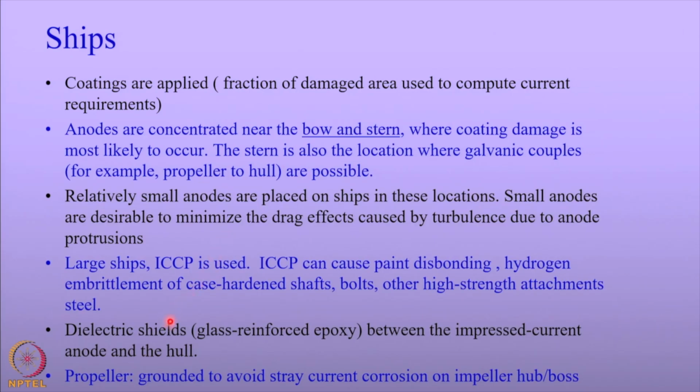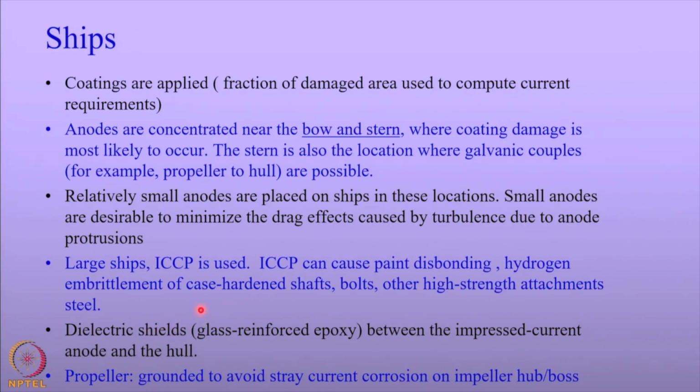In order to separate the impressed current anodes, dielectric seals are used. These dielectric seals generally are glass reinforced epoxies, and they separate the anode from the ship hull.